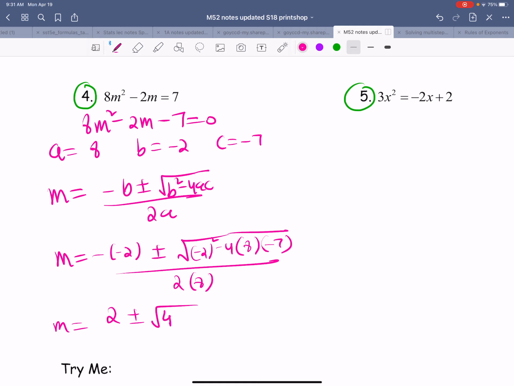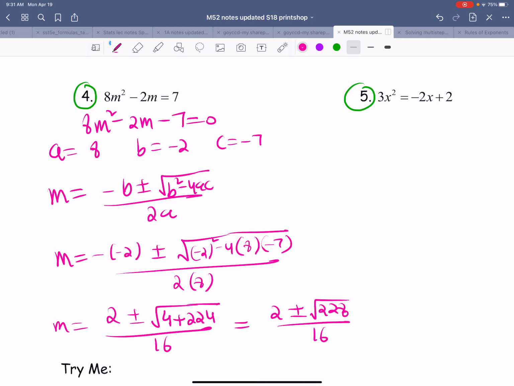Negative times negative is a positive. 4 times 8, 32. 32 times 7 is 224. Okay, so I have 224 here. Plus 224 divided by 16. So 2 plus minus square root of 228 divided by 16.